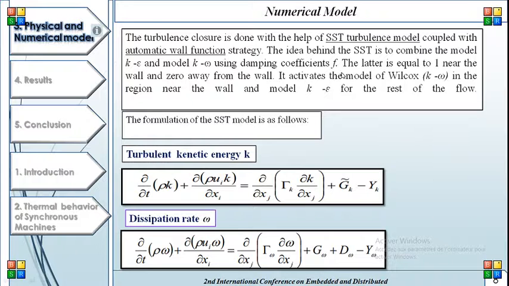And the idea behind the SST is to combine the k-epsilon model and the k-omega model using a damping coefficient F1, and the latter is equal to 1 near the wall and 0 away from the wall, and it activates the Wilcox k-omega model in the region near the wall and the k-epsilon model for the rest of the flow. So the formulation of the SST model is as follows. There are two equations of this model. The first equation is turbulent kinetic energy and the dissipation rate.